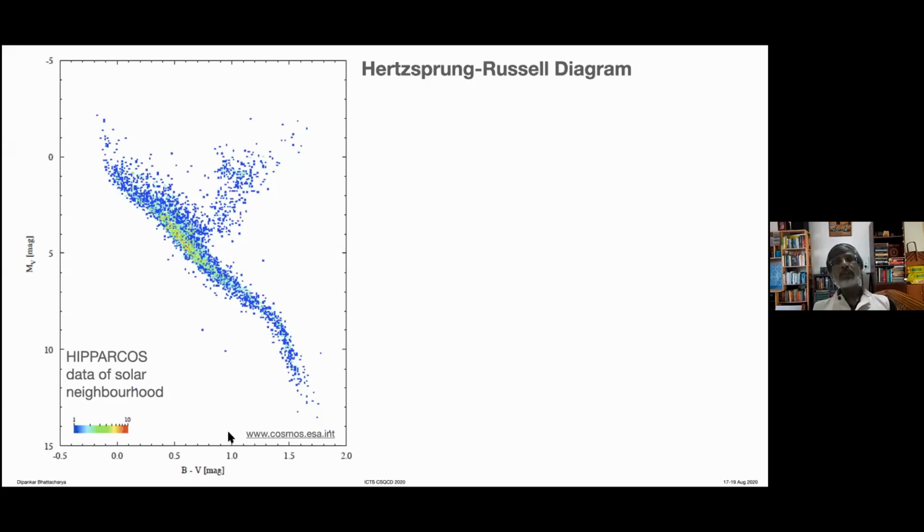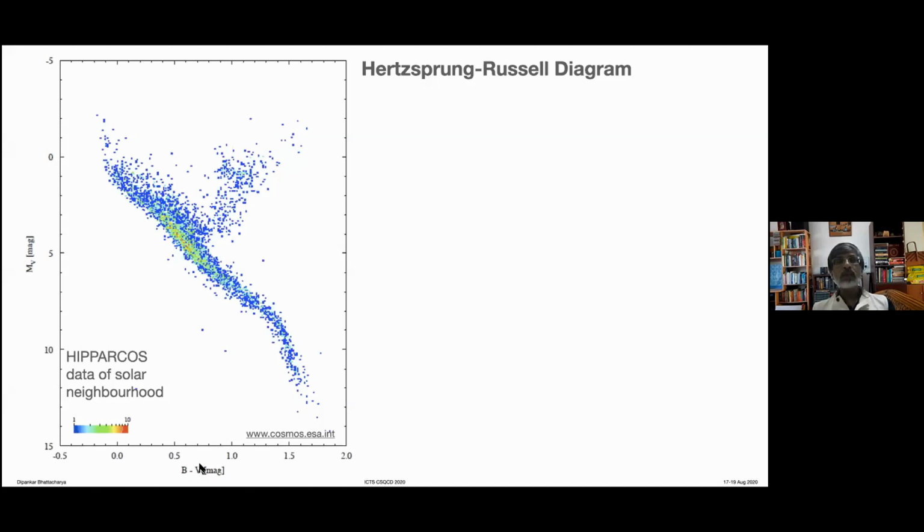When we take the ratio of these two intensities, then it tells us something about the spectral shape of the radiation that is emanating from the star. And this is called color index. And B minus V, because this is now represented in logarithm.